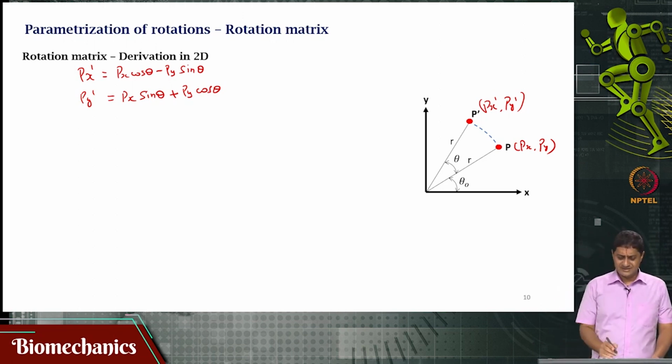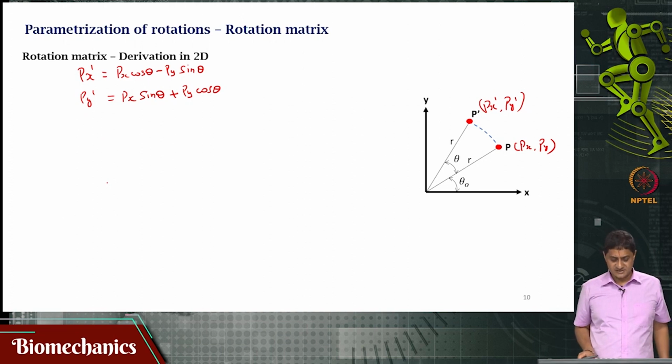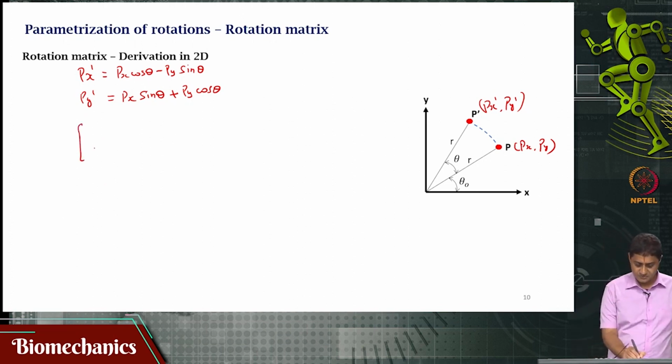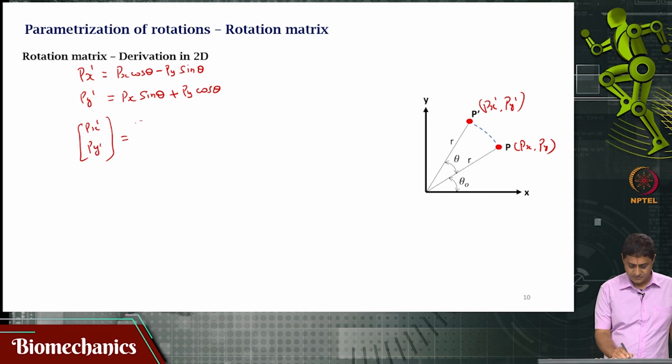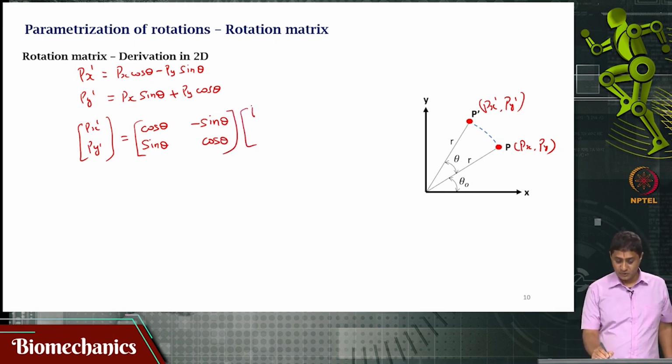Now, I can write this in matrix form and I can combine these two equations as vectors and matrix as follows. This is Px dash, Py dash, the vector, equal to a 2 by 2 matrix, which is essentially cos theta, minus sin theta, sin theta and cos theta, times the original coordinates Px, Py.